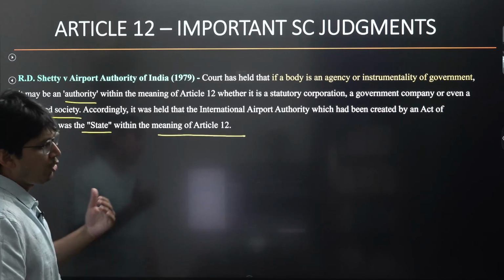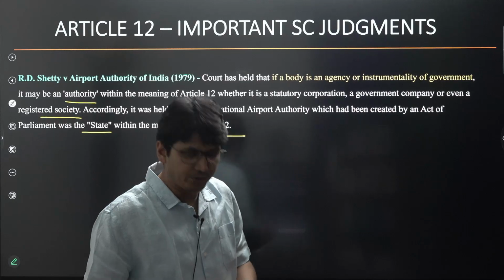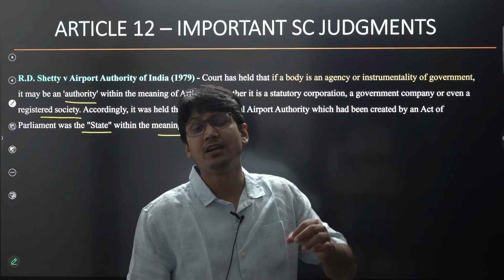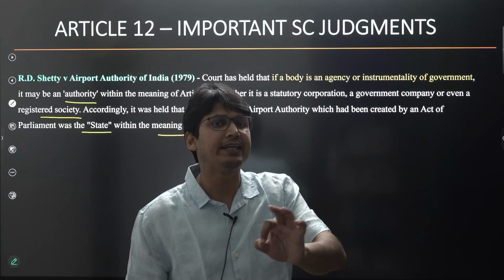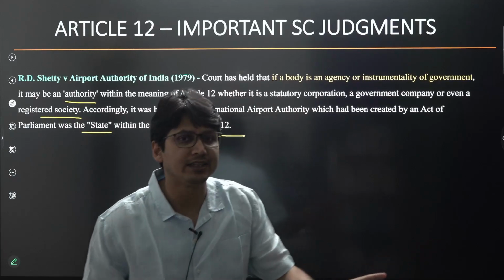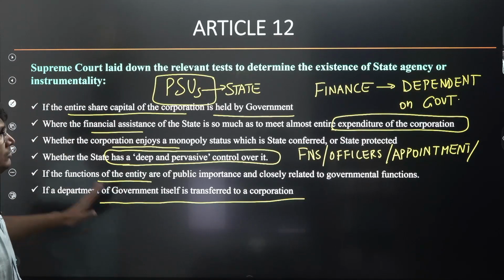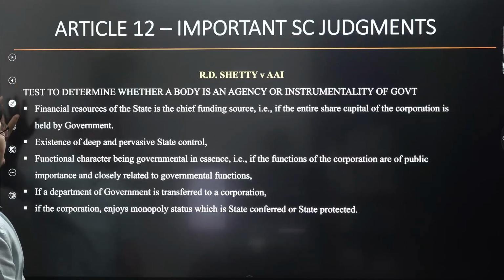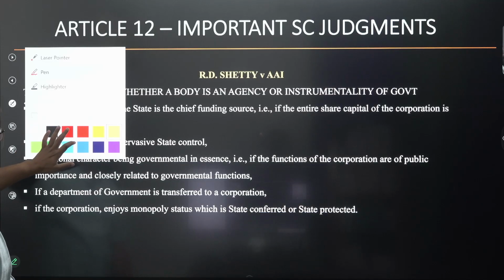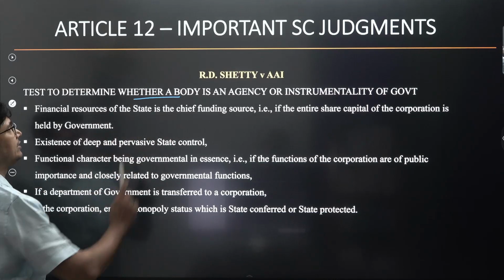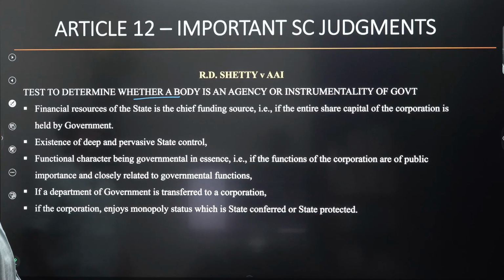So it no longer means that it has to be created by the Constitution or an act of parliament, but even if it is a society registered under the Societies Registration Act and it has all these elements. Further, this idea was further elaborated upon by this judgment. Yes, this is it: the test to determine whether a body is an agency or instrumentality of the government by R.D. Shetty.